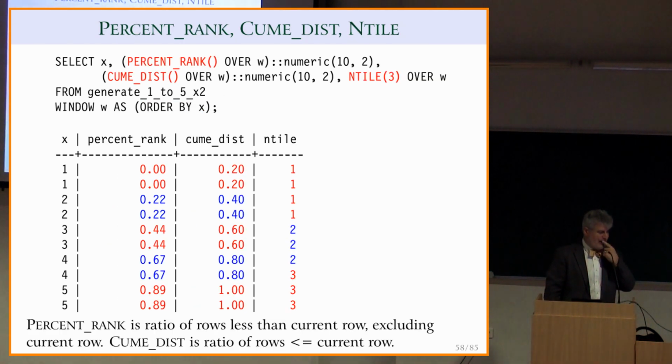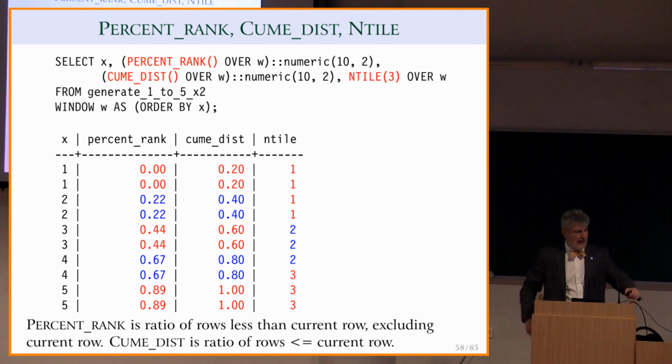Another really interesting feature of this system is something called percentile rank and cumulative distribution. What these are trying to do is to tell you, for a given value, what percentage of values are less than my value.